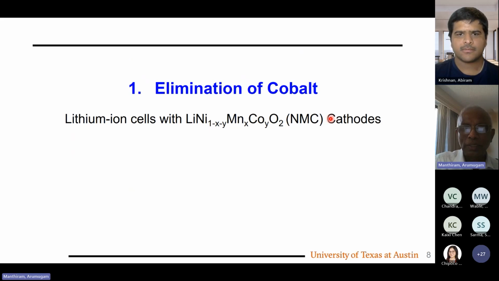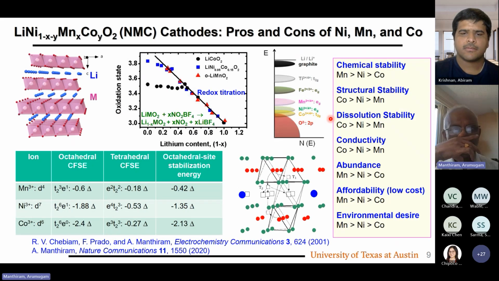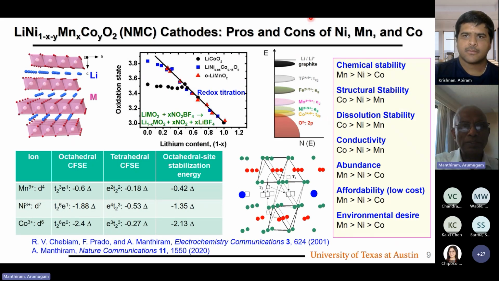That's what we use in the laptop, cell phone, in the electric vehicle. The whole commercialization started with complete cobalt here, one cobalt here. The tendency has been to replace cobalt with nickel and manganese to reduce cost and increase energy density.